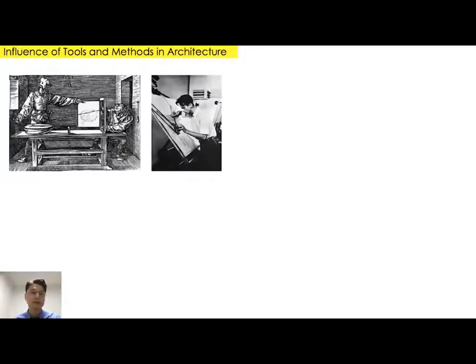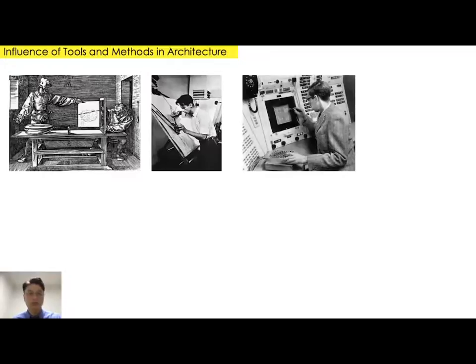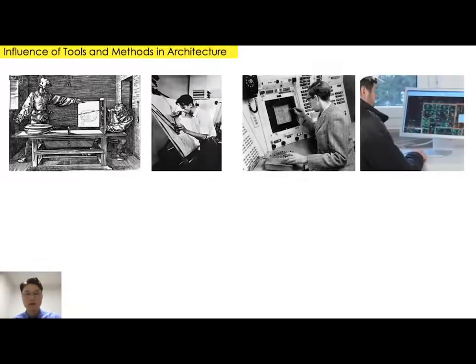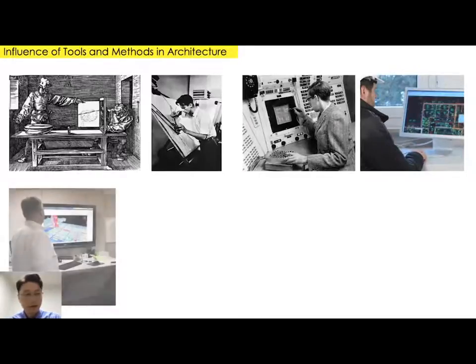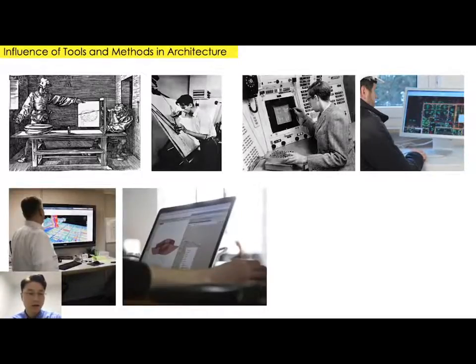And then you have the drafting board, which you use to draw everything by hand. And then the Sketchpad, and later AutoCAD came, and BIM has been made, and the parametric design of Grasshopper.